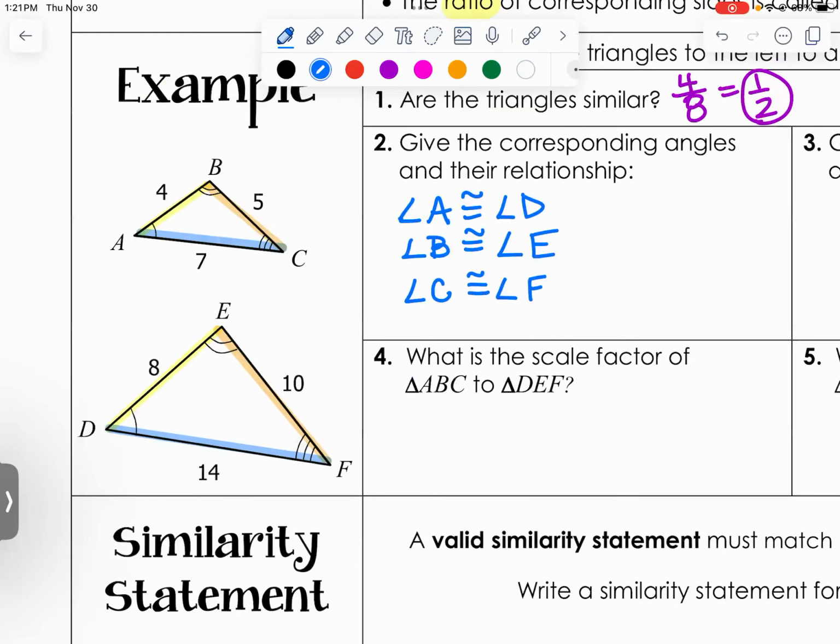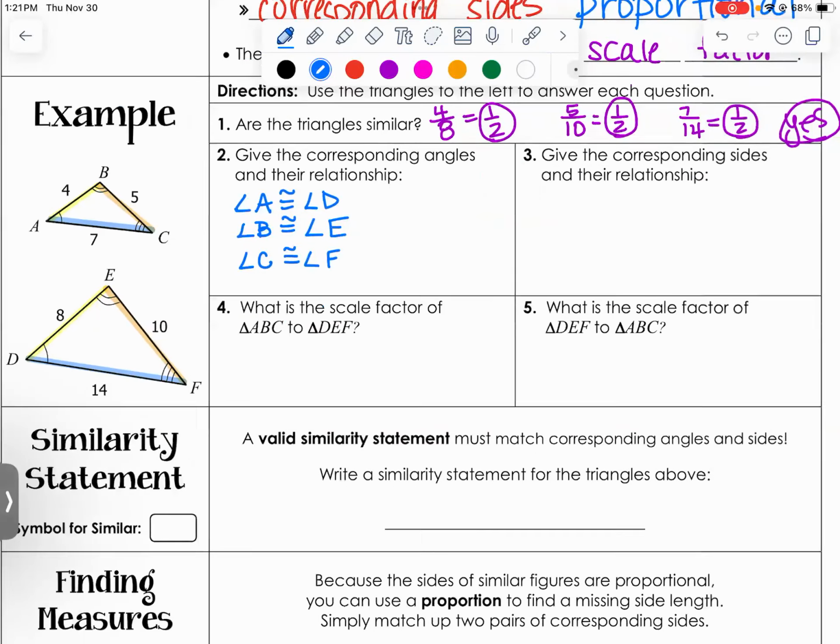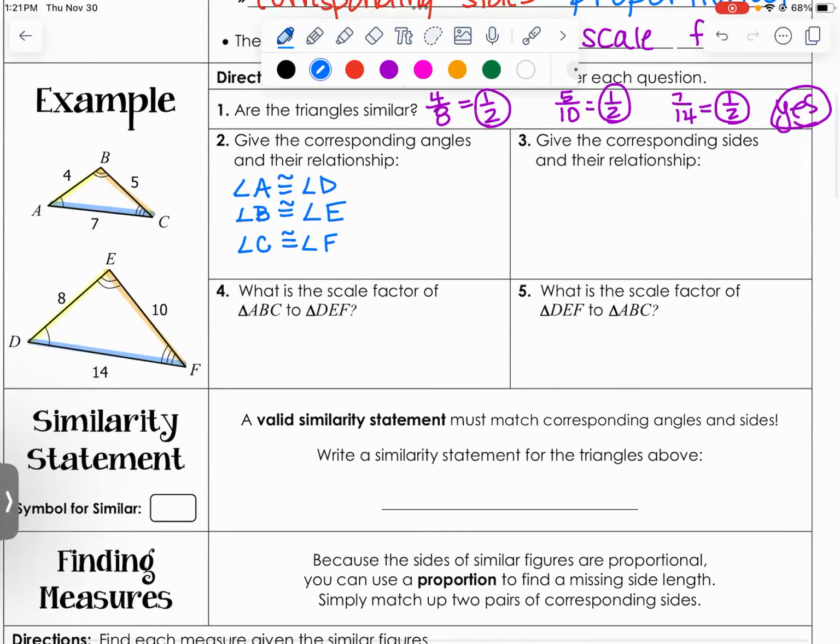Now, if we talk about our corresponding sides, we can make fractions out of our corresponding sides. So if I make a fraction and I choose AB to be in my numerator, what's in our denominator? DE. Because I like hearing you complain.